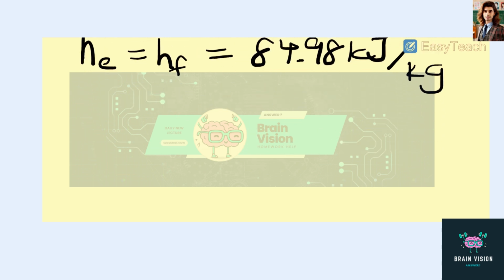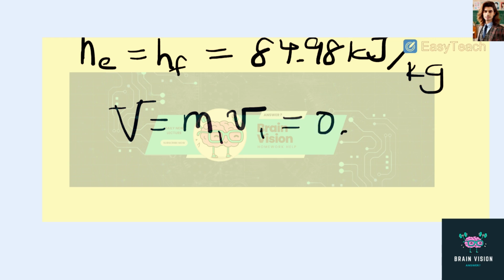Next, we solve for the volume of the tank. The volume is equal to the mass times the specific volume at the initial state. Plugging in the initial mass of 5 kilograms and the specific volume from the table, the total volume of the tank is 0.00413 cubic meters.